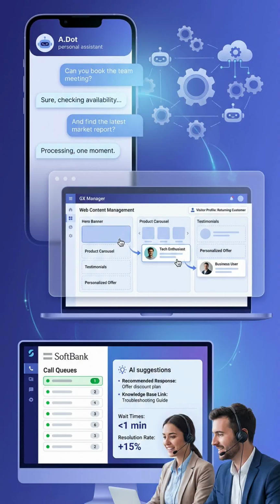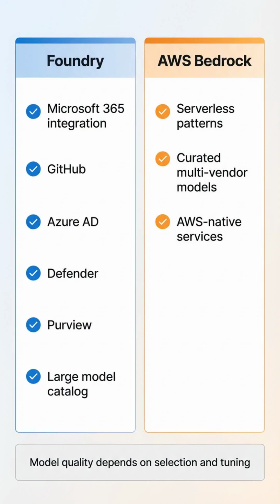SoftBank Corp relies on Azure AI Foundry plus App Service and SQL to modernize call centers, building domain-specific agents that cut wait times and costs. Content agency SJR created a generative experience (GX) manager in Foundry to personalize website content and layouts in real time, boosting conversion and engagement.